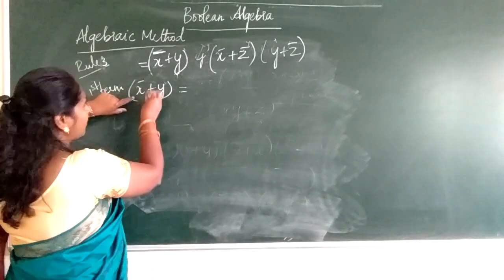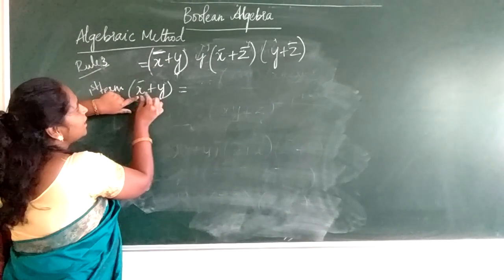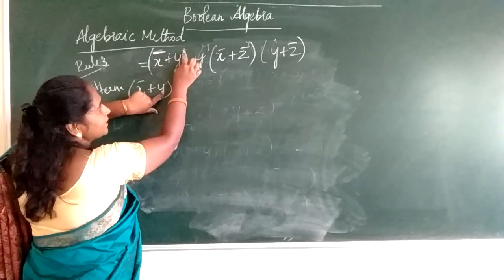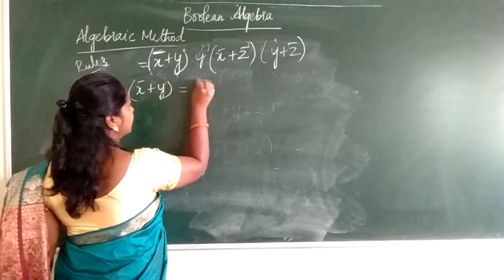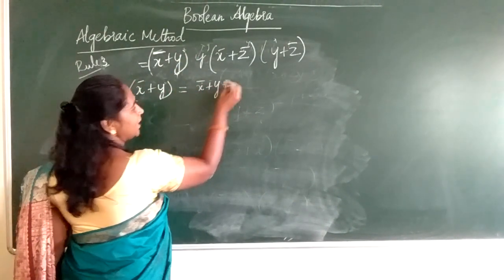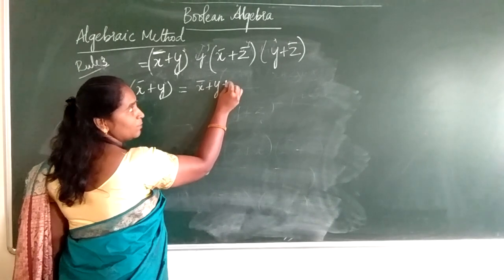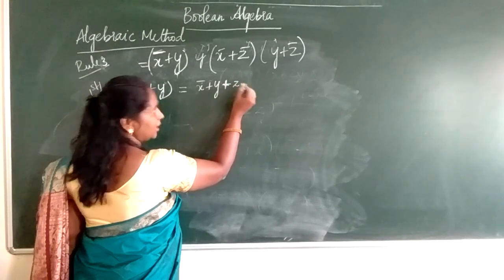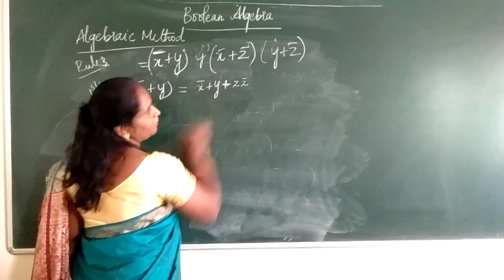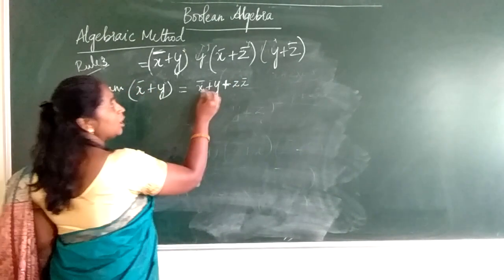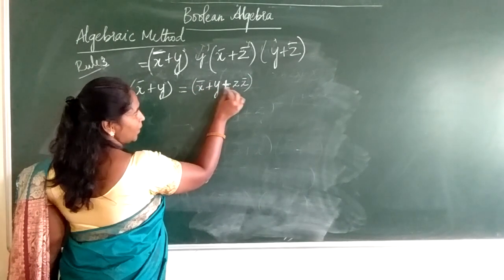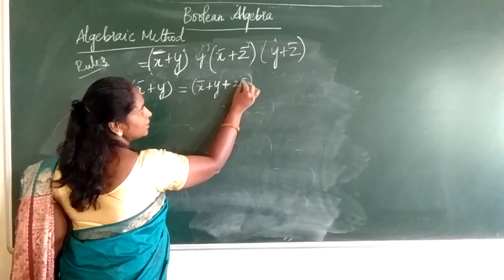I am taking one term, x bar plus y. This is my first term. What is missing here? Here it is z. So I am writing x bar plus y plus, and I am not going to multiply, I am going to add in your POS, add your missing term into missing term bar. Now you got the expression, that is x bar plus y plus z into z bar.